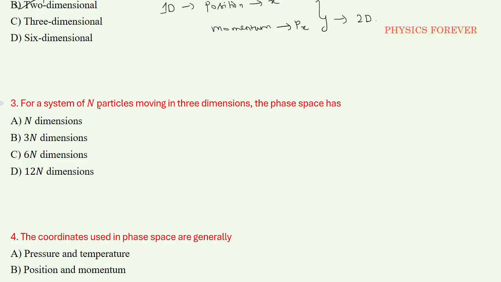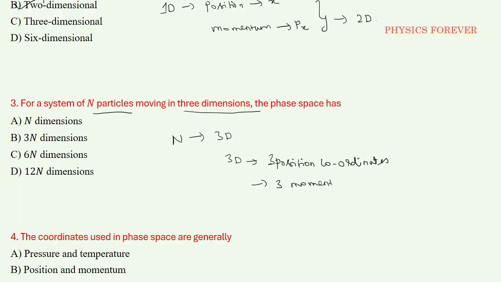For a system of n particles moving in three dimensions, the phase space has three position coordinates and three momentum coordinates.